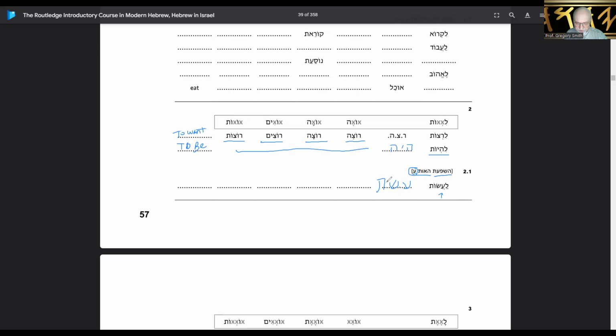Yeah, it means to do, to make, to create. Looks like in this case the root is not readily apparent because it's ayin, shin, hey. Asa, to do, to make, to create. La'asot, to create. So that's the root.